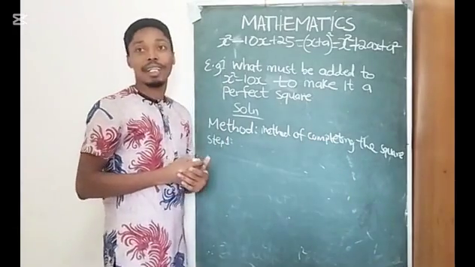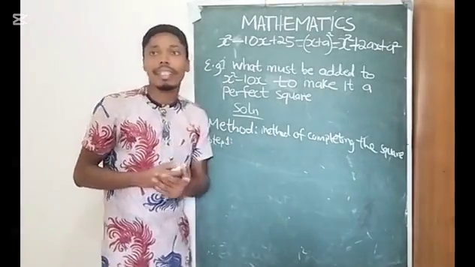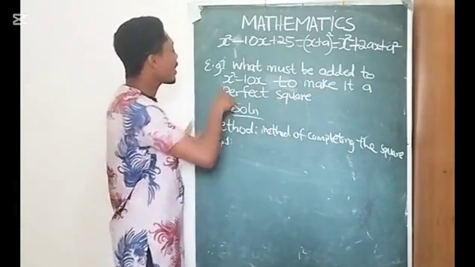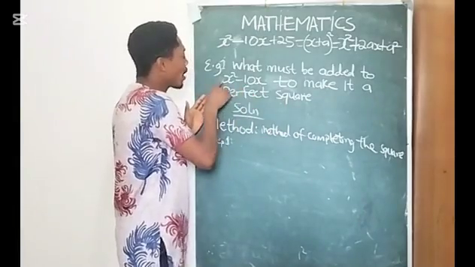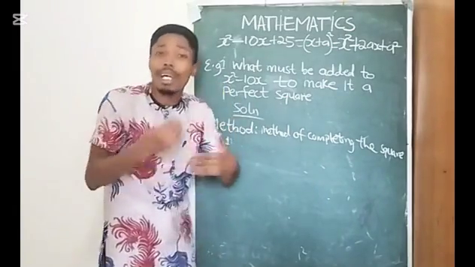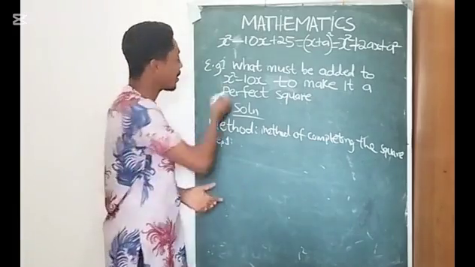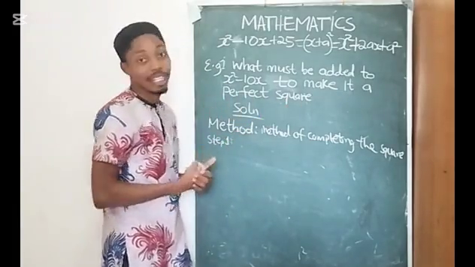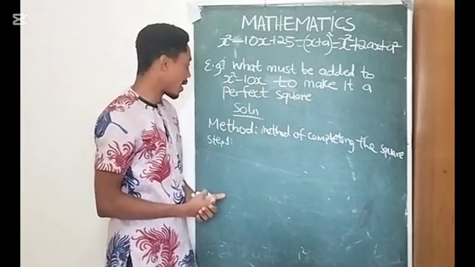How do we make that to happen? We make that to happen by dividing each term all through by the coefficient of x squared. But you can see that the coefficient of x squared here is already 1, so it makes almost no difference dividing all the terms by it. So we can continue solving it like that.